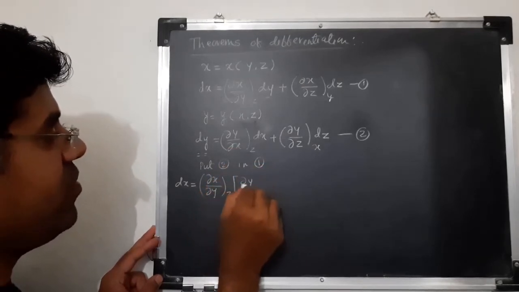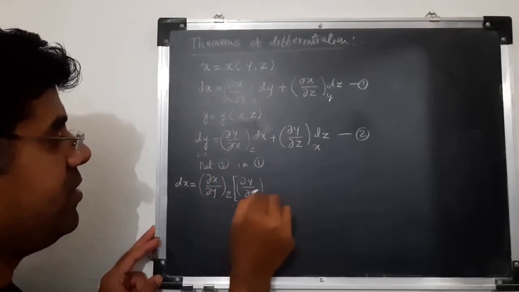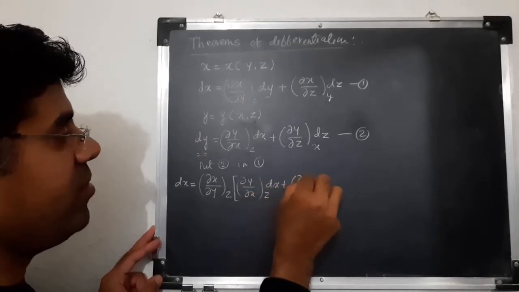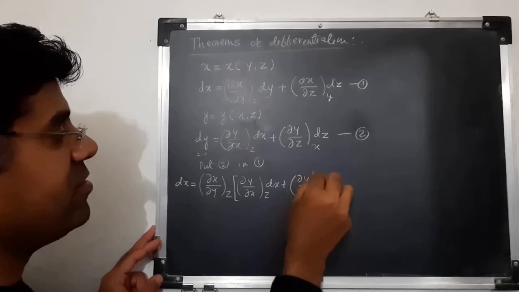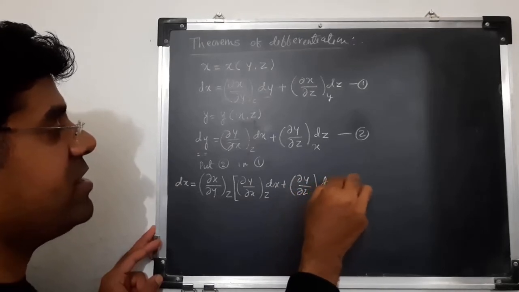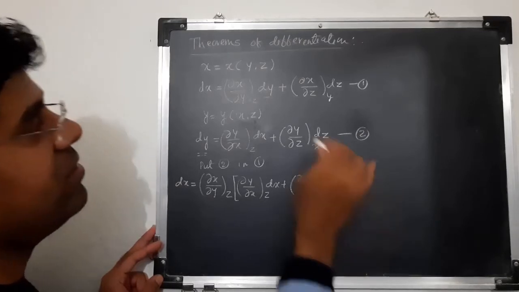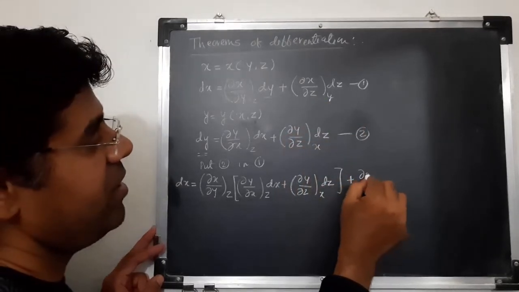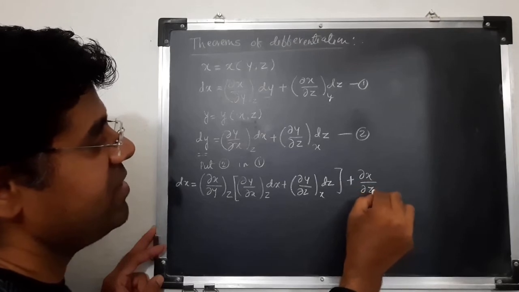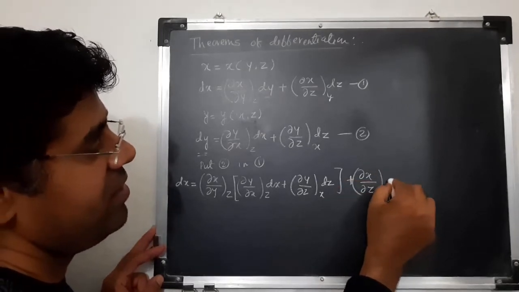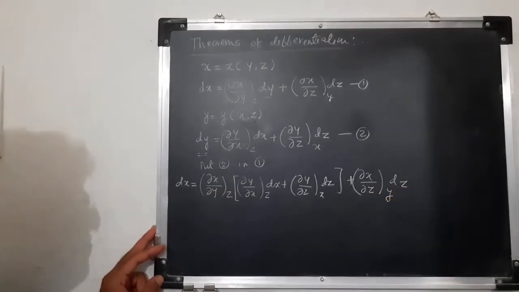So this is delta y by delta x at z into dx plus delta y by delta z at x into dz, plus this term delta x by delta z at y into dz.